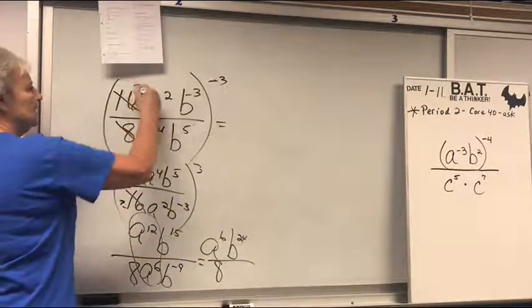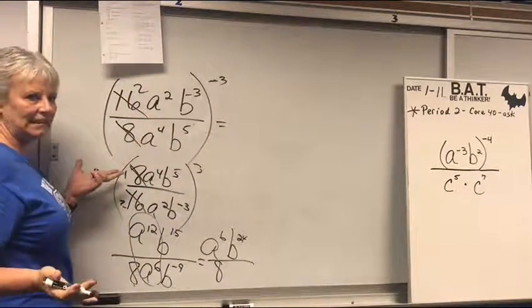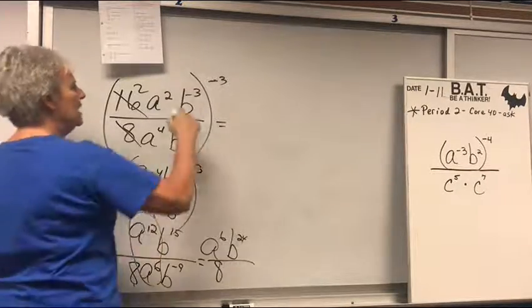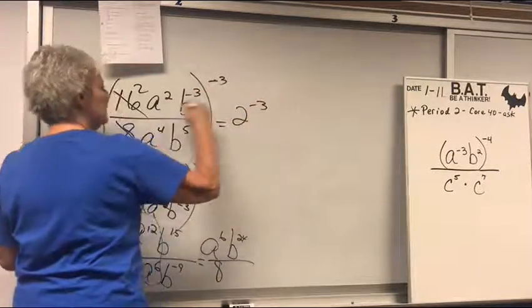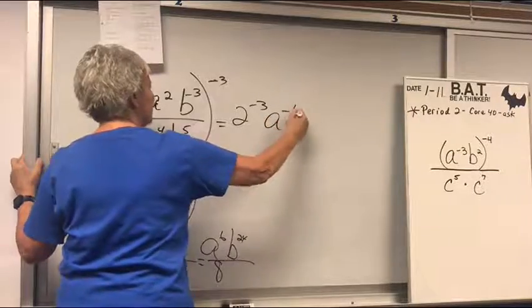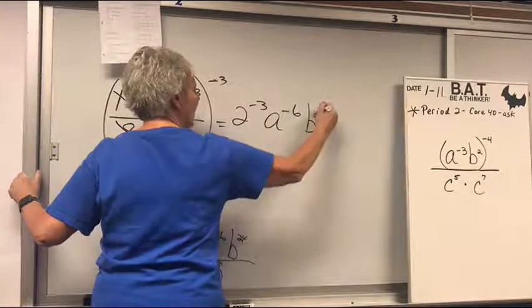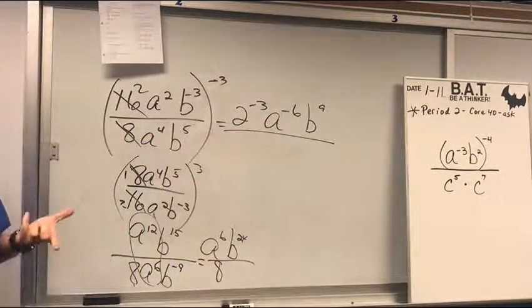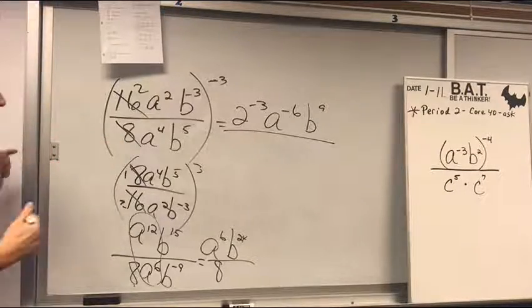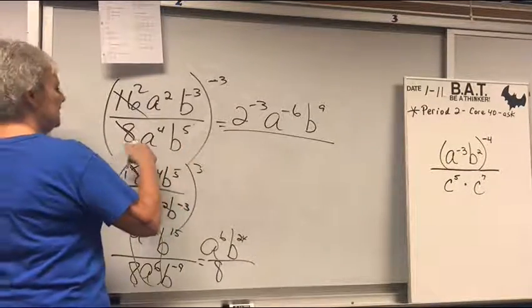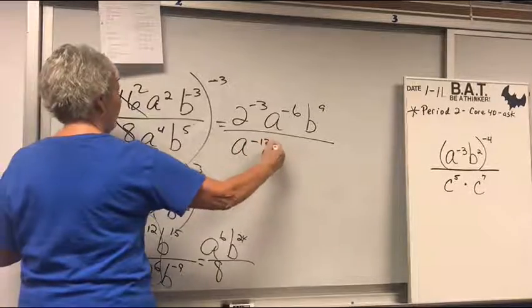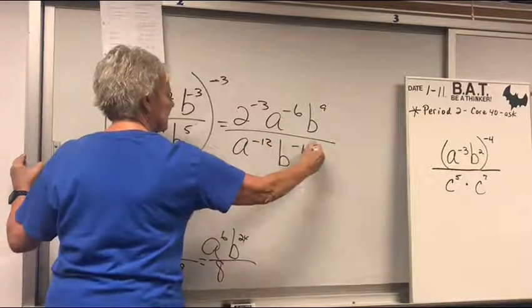Okay, first I would reduce that because that's crazy. Why would we do 16 to the negative 3 power? All right, 2 to the negative 3, A to the negative 6, B to the positive 9. See, this is without flipping it. I don't suggest you do it this way, but that's what we're doing. This is A to the negative 12, B to the negative 15.